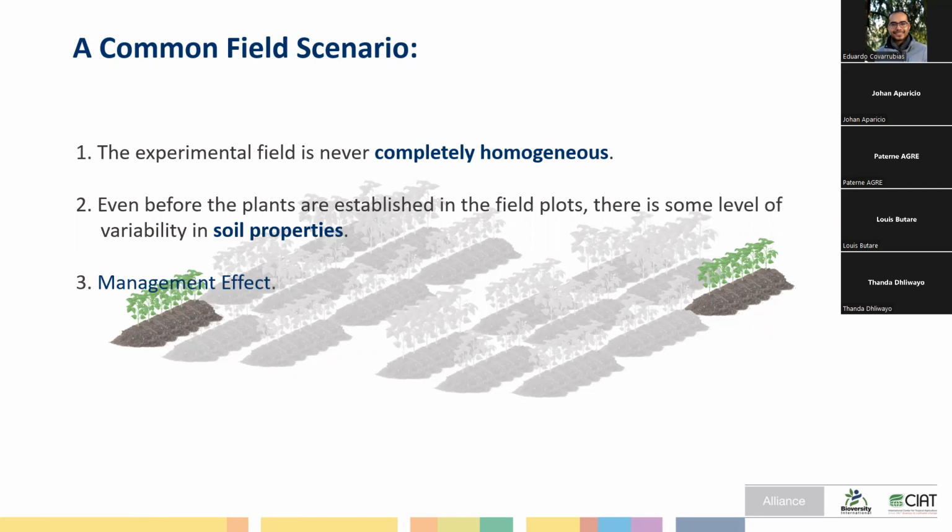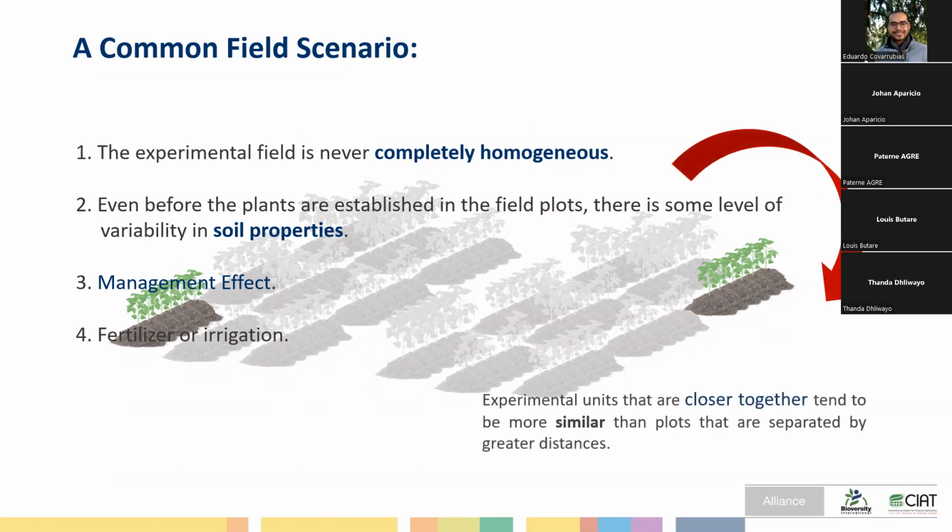In addition, our traits can be affected by management effects, and the way irrigation or fertilizer is applied can affect our traits. So experimental units that are closer together tend to be more similar than plots that are separated by greater distances.